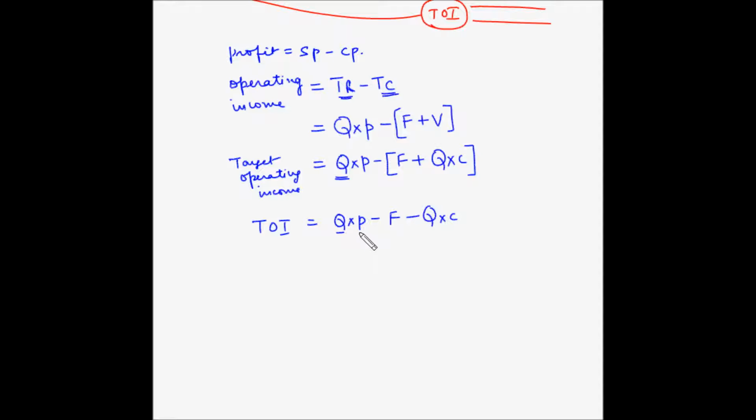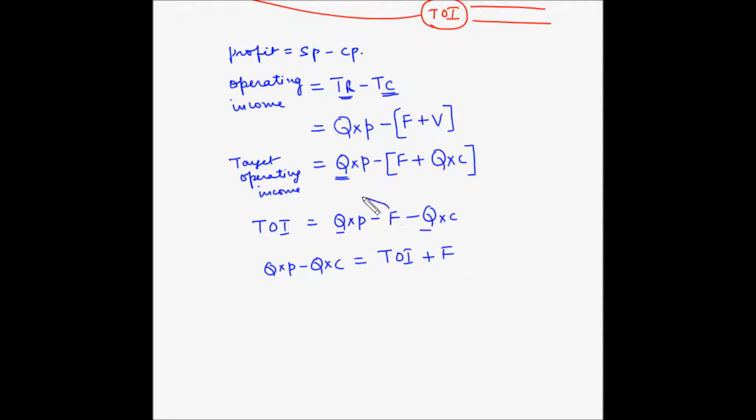So here Q is the variable, so let's bring all the terms with Q on one side and all the remaining on the other side. So Q multiplied by P minus Q multiplied by C is equal to target operating income plus fixed cost.